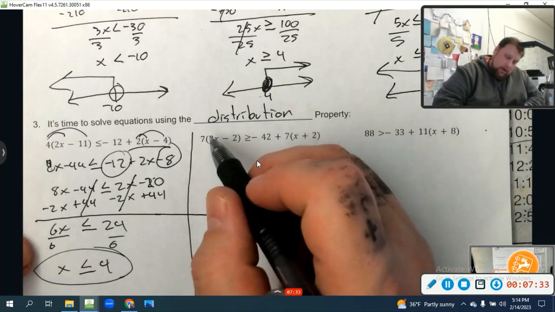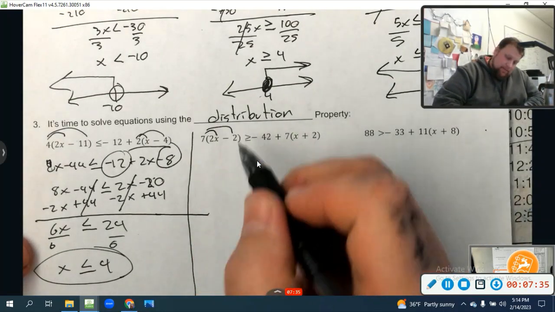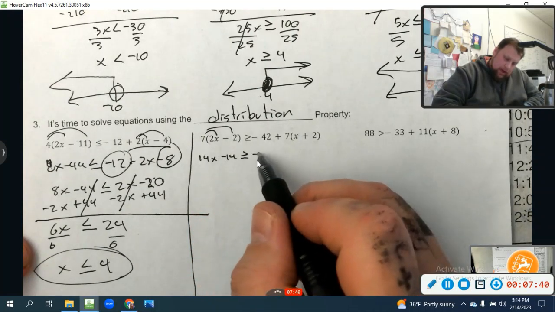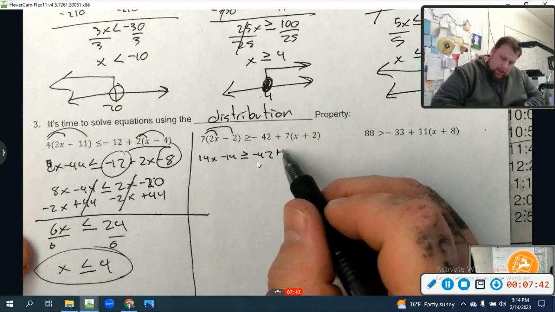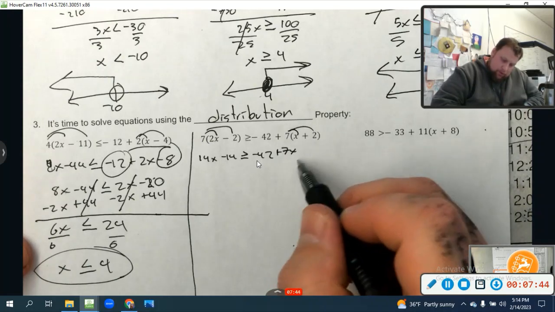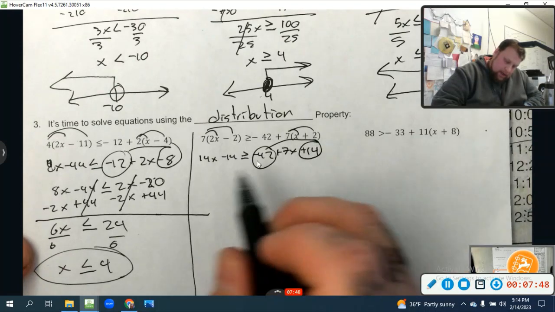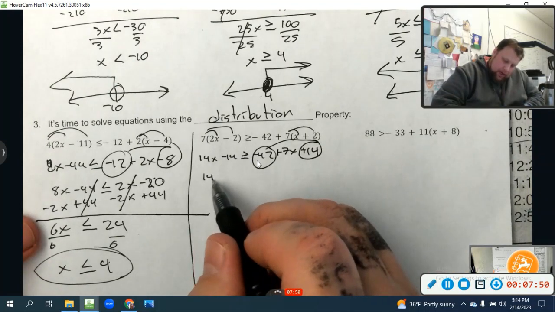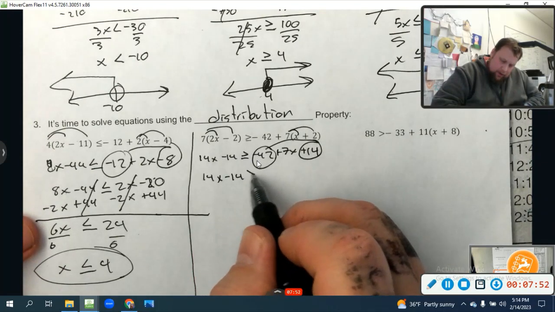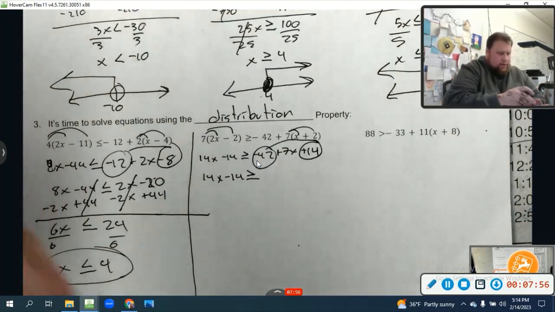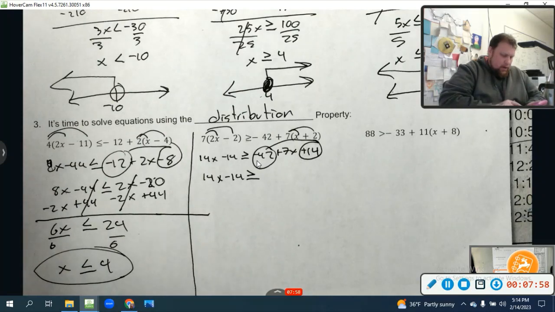I get 14x minus 14 is greater than or equal to negative 42 plus 7x plus 14. Again, negative 42 plus 14 can combine over here. So I'm going to have 14x minus 14 is greater than or equal to, gosh, I don't know. 14 minus, I'm tired today. 14 minus 42.